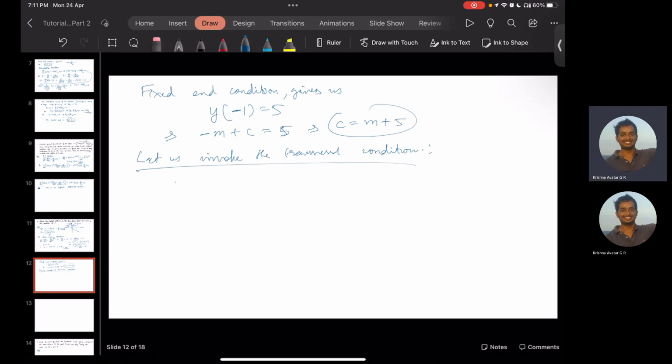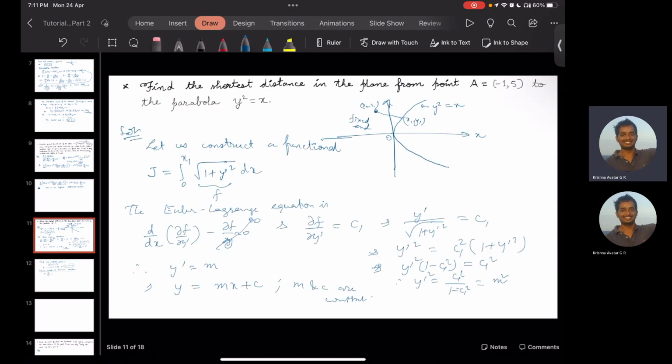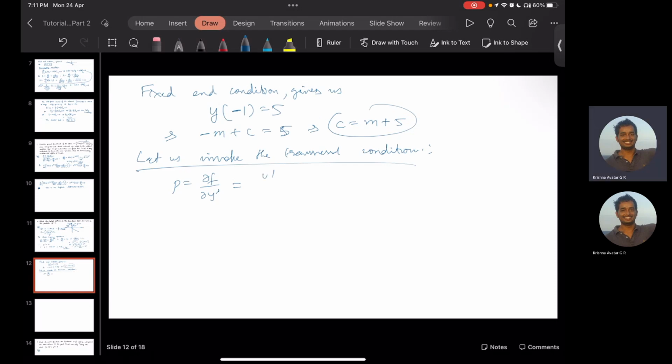Before that, what we need is p equal to del f by del y prime, and this is given as y prime divided by root over 1 plus y prime squared. And then h is equal to p y prime minus f.